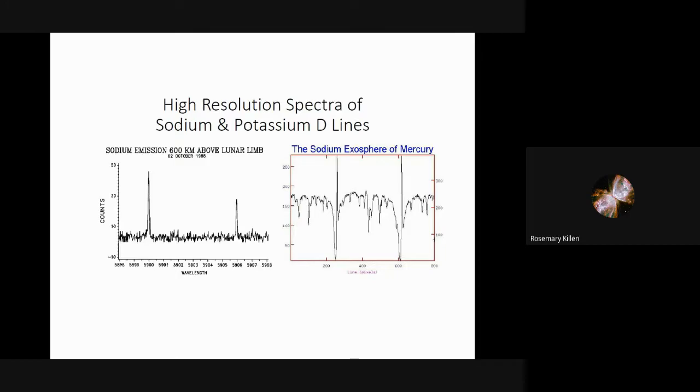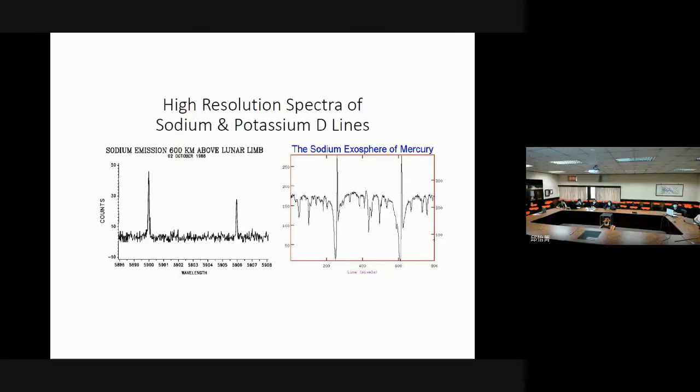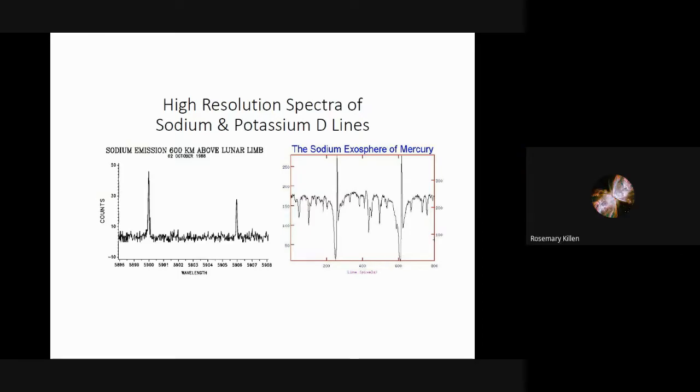Now, here is the g-value for the sodium D line, and I wanted to point out that what you see in terms of the emission is a function of both the distance of the body from the sun and the radial velocity of both the planetary body and the individual sodium atom.